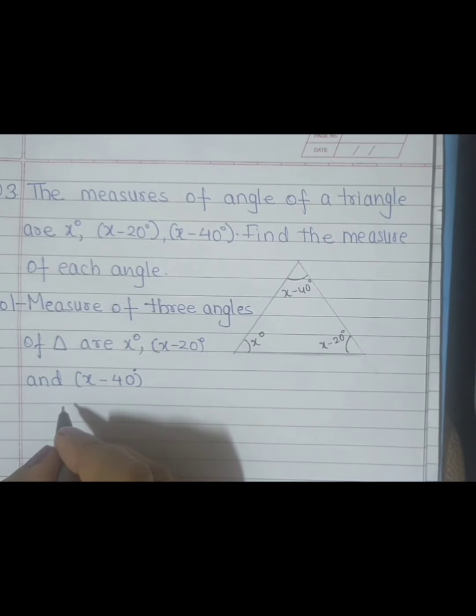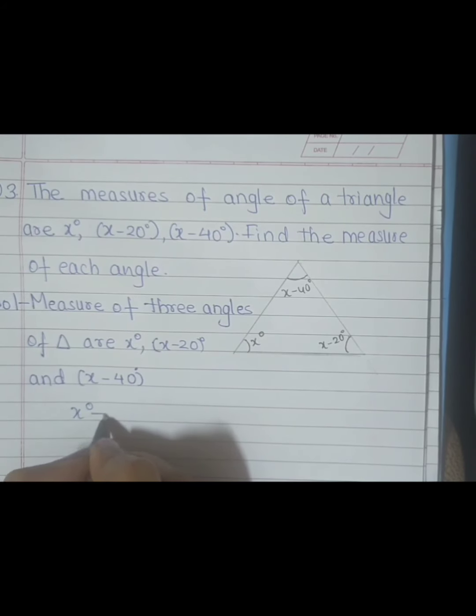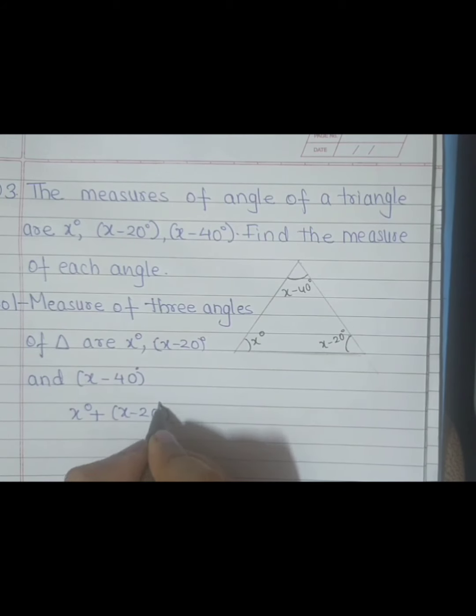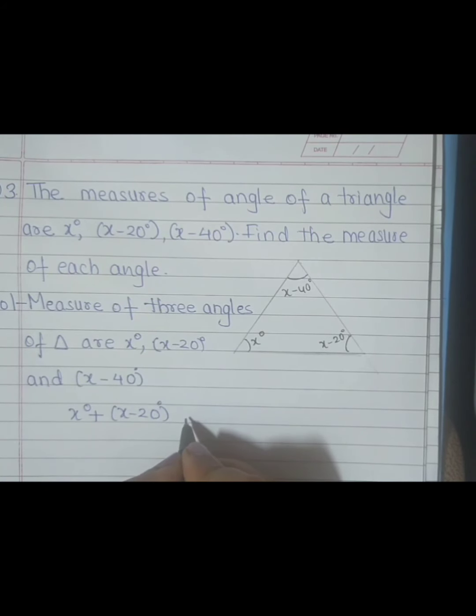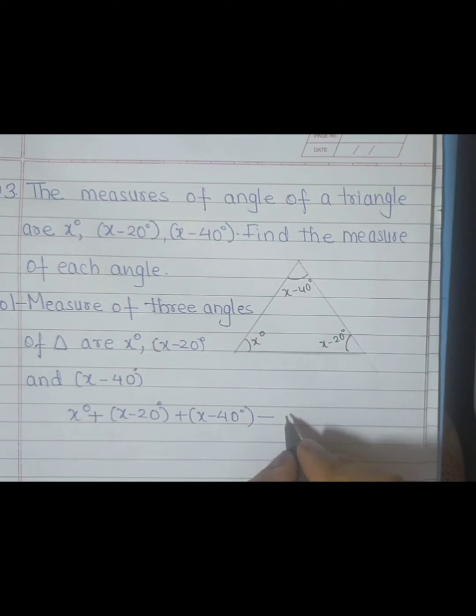So here we will start with the solution. I am writing the first condition, that is x degree plus x minus 20 degree plus x minus 40 degree, the sum is equal to 180 degree.